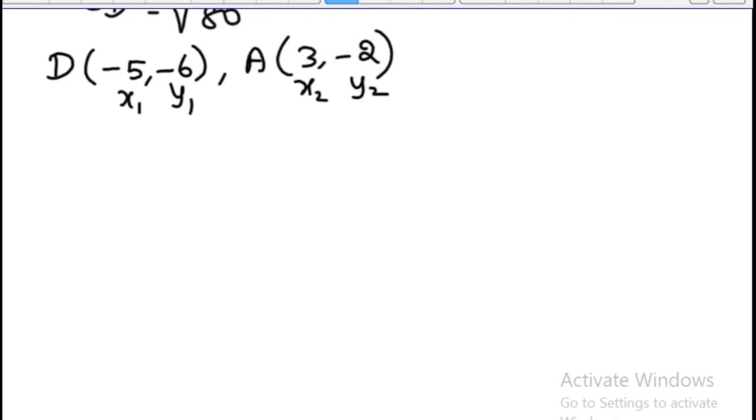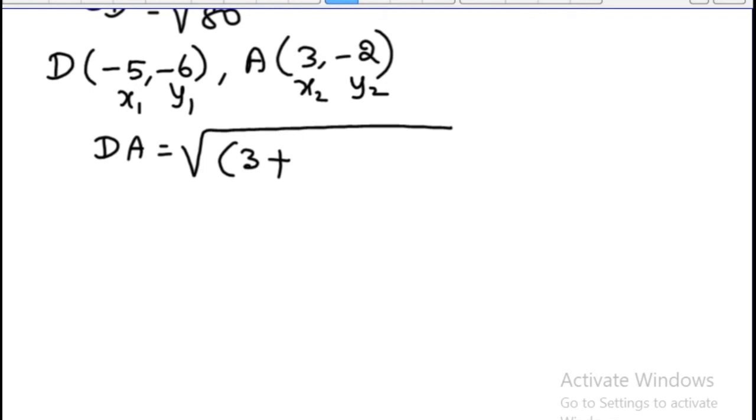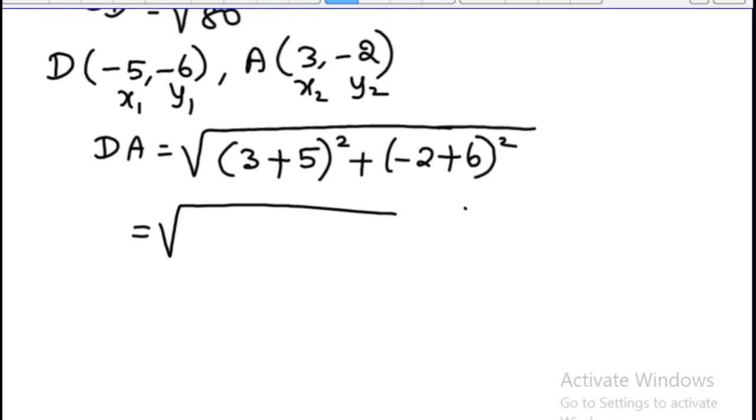So DA is equal to root of x2 is 3 minus x1 which is minus 5, so it becomes plus 5 whole square, plus y2 is minus 2 and y1 is minus 6, so it becomes plus 6... whole square, that is equal to 3 plus 5, 8 whole square plus minus 2 and minus 6, you will get plus 4, plus 4 whole square.